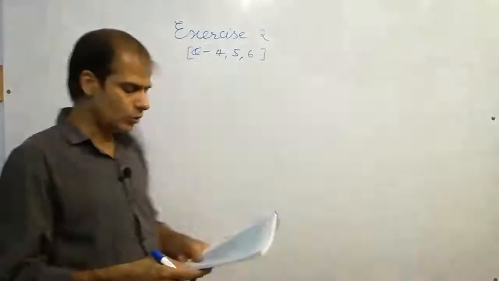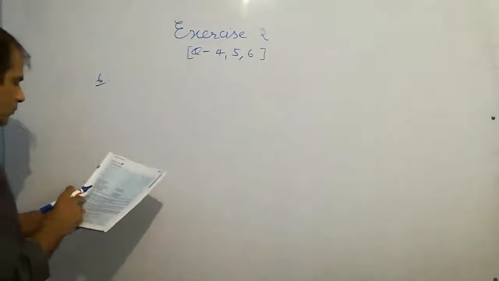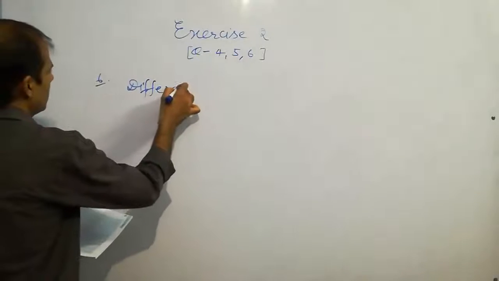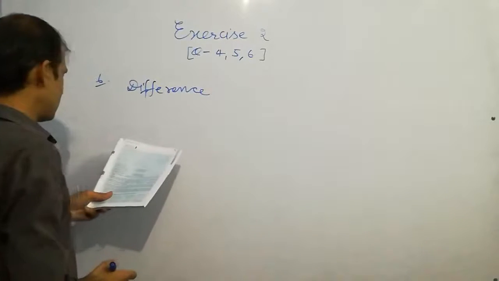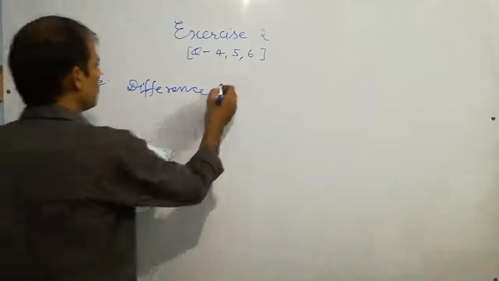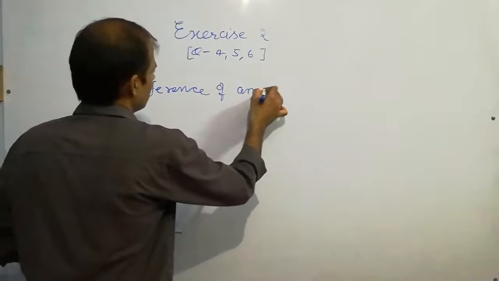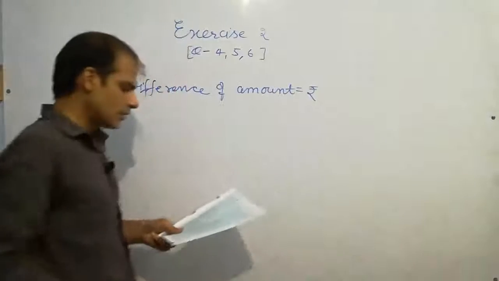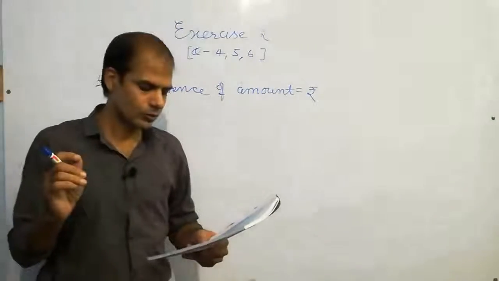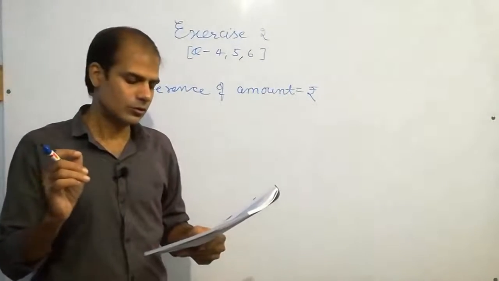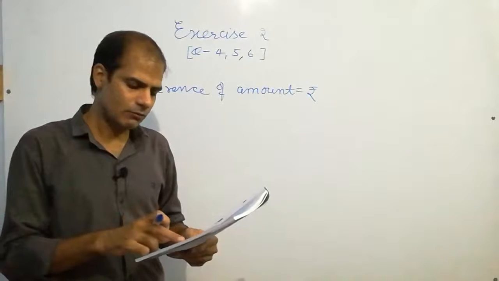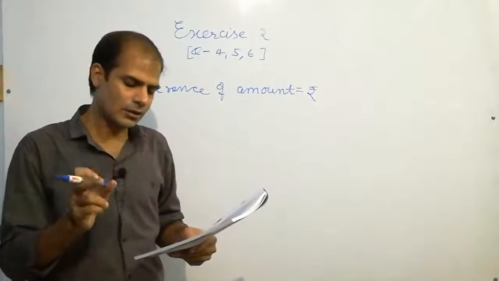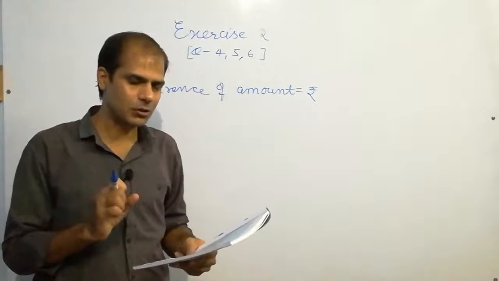So, difference of amount is equal to rupees. Try to determine which value is bigger, rupees 2999 or rupees 2650.